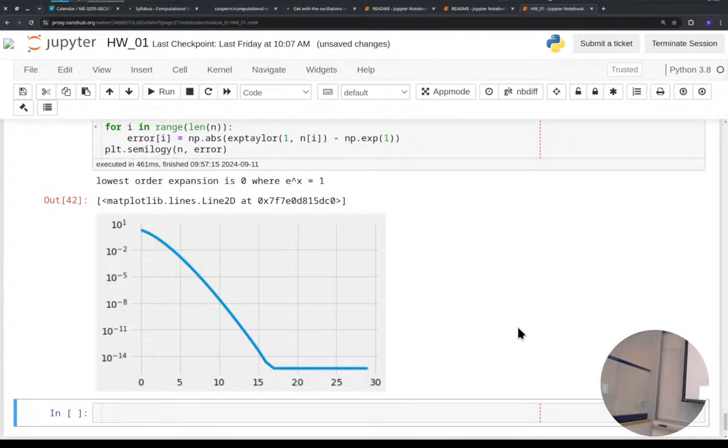But by the time I get to like 17, once you're at like 10 to the negative 15 or 16, you can't do math on that anyway. So that's why it's flattening out, because NumPy and my function have no way to get a better difference between the two. This one is super converged.